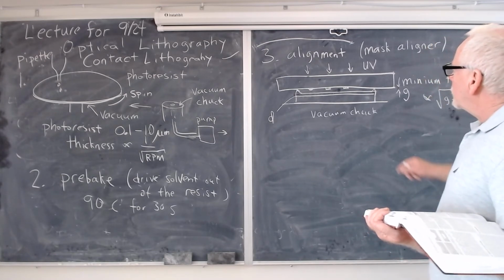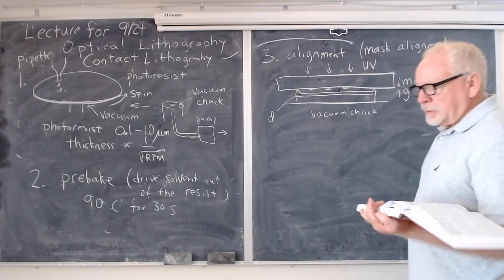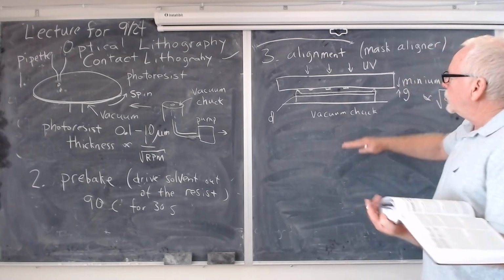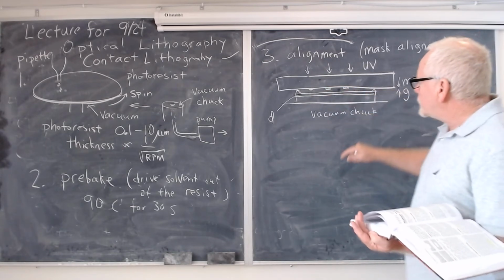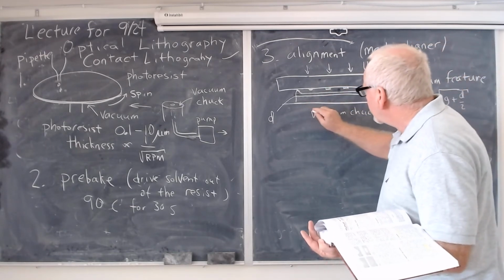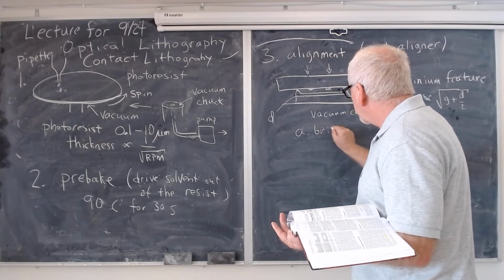All right, so once you, well, actually, I talked about contact. You bring the wafer into contact, and then you separate it a little bit. So A, bring into contact.